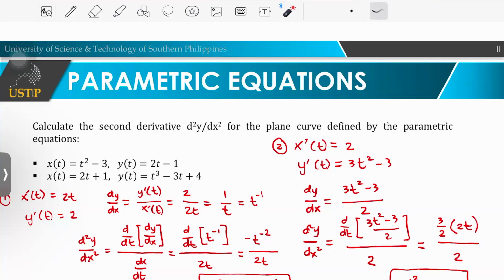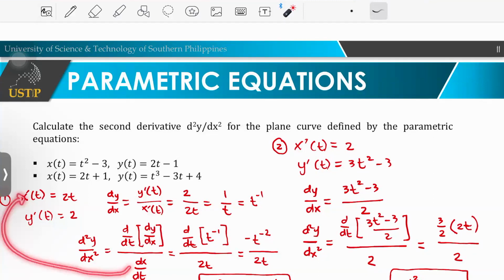So the second derivative of y with respect to x will be: take your first derivative, differentiate it with respect to t, all over dx over dt. Okay, so we input it here, class. And this one, dx over dt, that is your x prime of t.